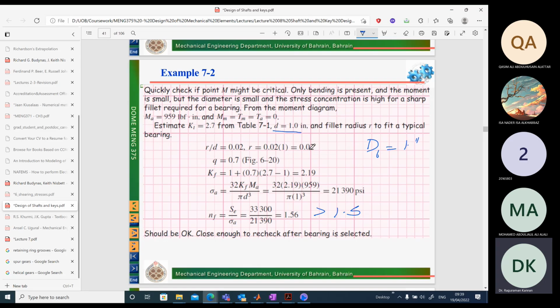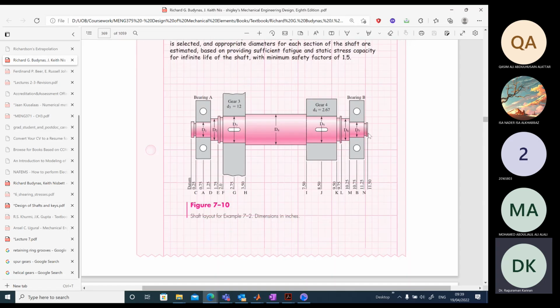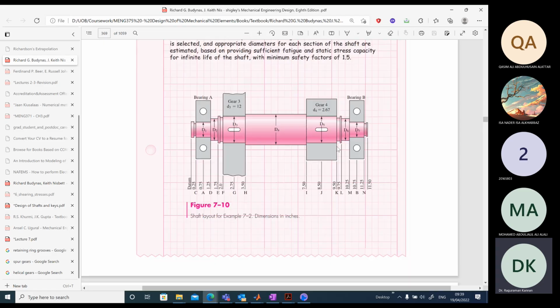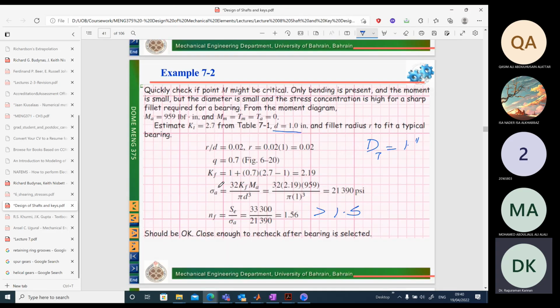Based upon the fillet radius is 0.02. Let's see. No. This is not D6. He has not assumed D6. I think D7 is assumed to be the 1 inch value. Okay. The smaller diameter right in this shoulder, he has assumed 1 inch diameter. So the smaller diameter will be 1 inch. And then based upon the fillet radius and other values, he may estimate what is D6.